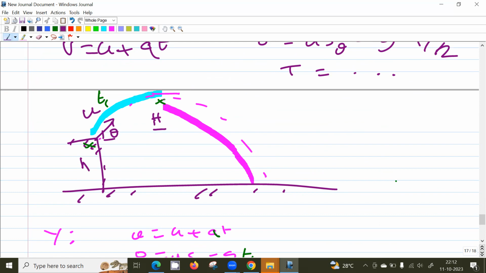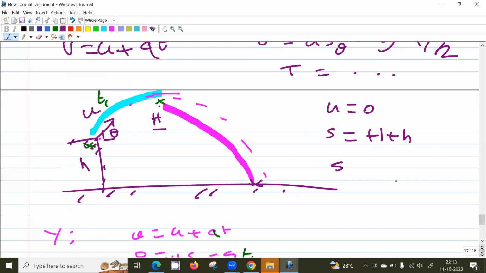Okay, so for now, if I apply this equation of motion between this point and this point, at this point u is 0 and v is something, and the displacement s is h plus h.